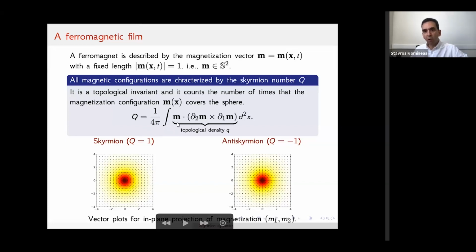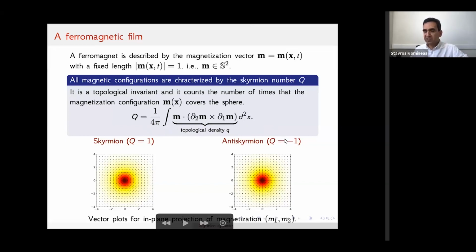You take the integral over the topological density, small q, over your film, your 2D space, and that integral is guaranteed to give you an integer. That's already a very impressive thing for people who see these things for the first time.